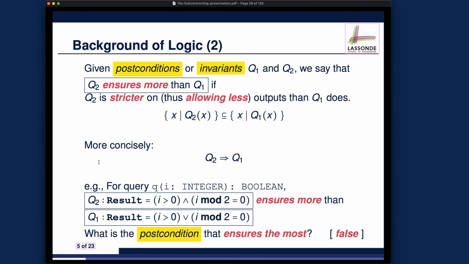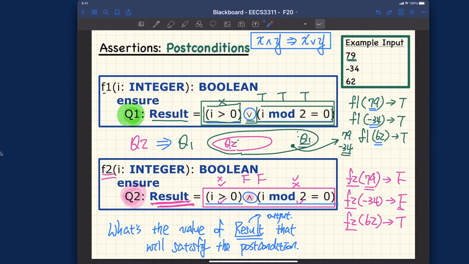And you learned this very well from the 1090. The strongest would be simply false, right? The set of satisfying values for false would just be the empty set. And we know that the empty set is always a subset of any set.